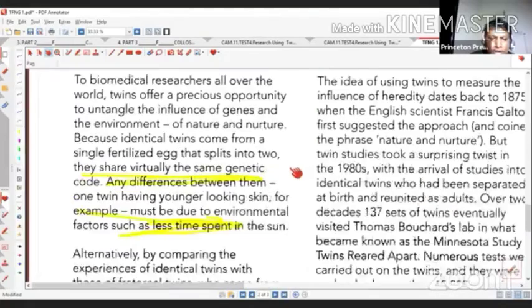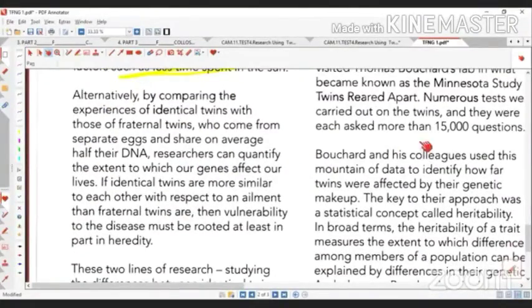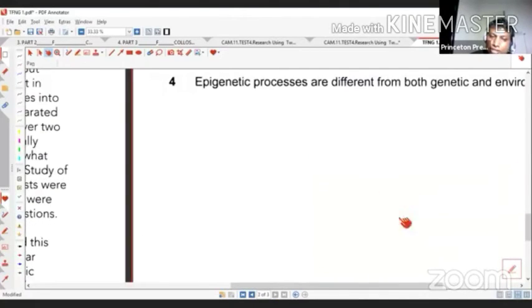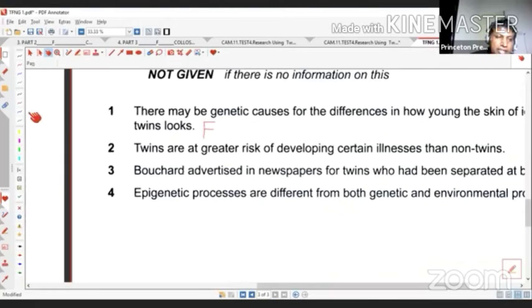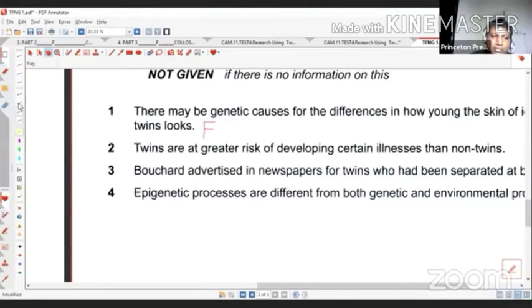While we are looking for number 2, should we just check number 3? Yes, this is better because we don't know whether 2 might be not given. So here, twins are at greater risk of developing certain illnesses than non-twins.